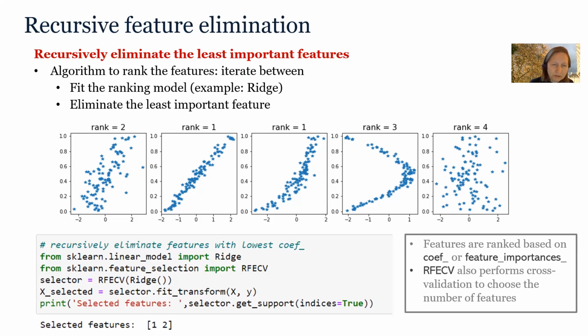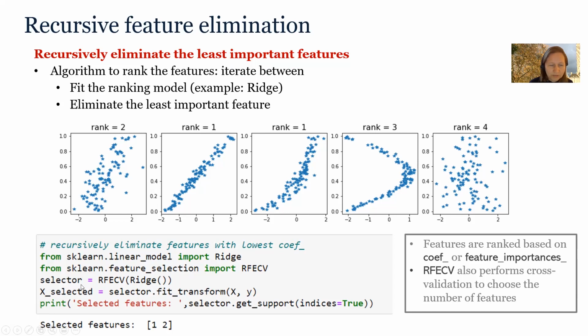So we can either select the predefined number of highest rank features, or we can use the scikit-learn object RFECV, which stands for Recursive Feature Elimination Cross-Validation, which will also automatically select the number of features for us by calculating the cross-validated performance of the model.